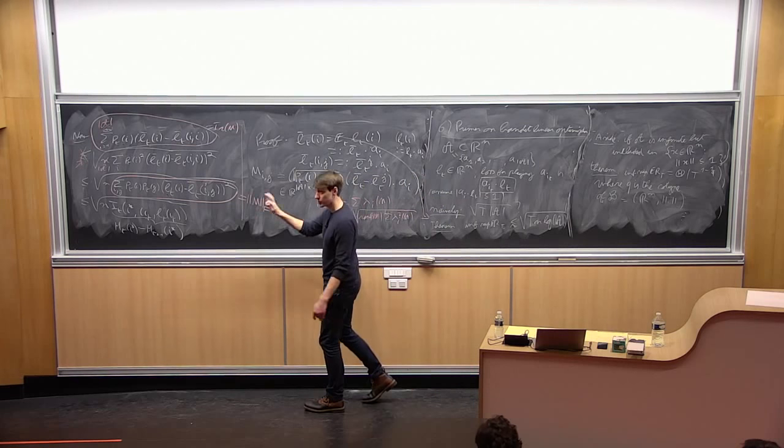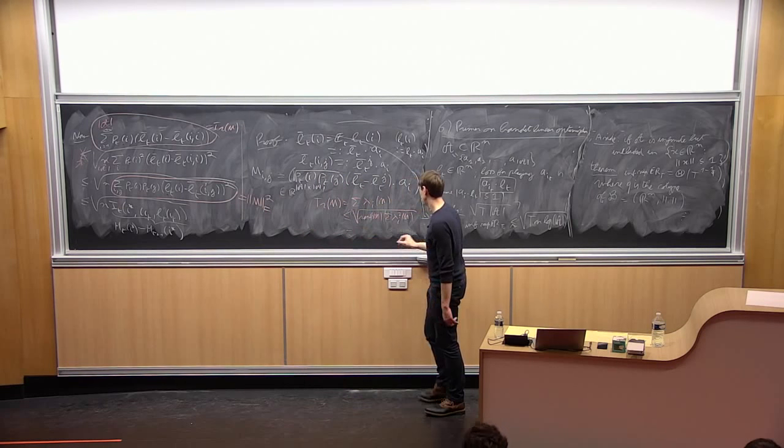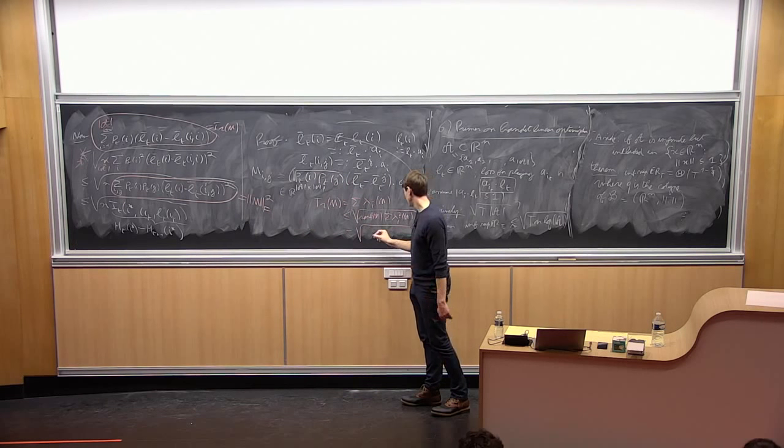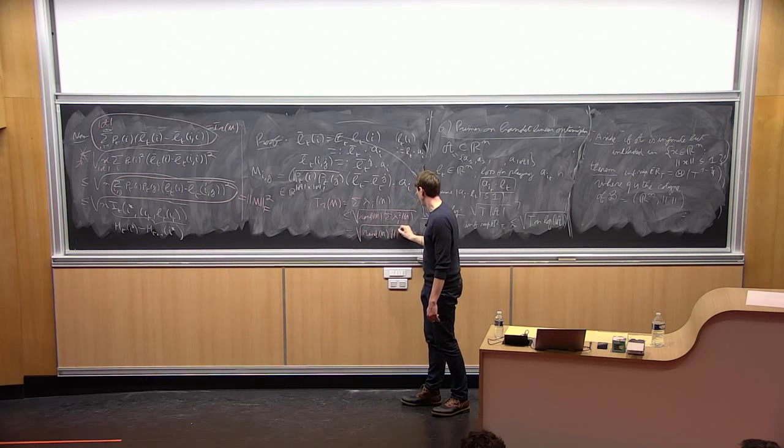Because this is rotationally invariant. That's the whole point. So this is smaller than the rank of M times the Frobenius norm of M squared.